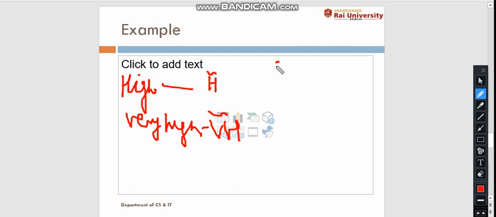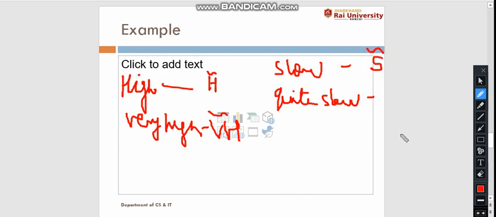And let's take for the slow, one will be slow and the other is quite slow. These are the 2 linguistic terms we are using in the statement. So we have defined one as S and the other as QS.